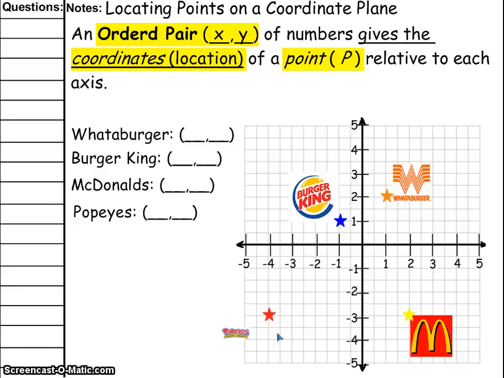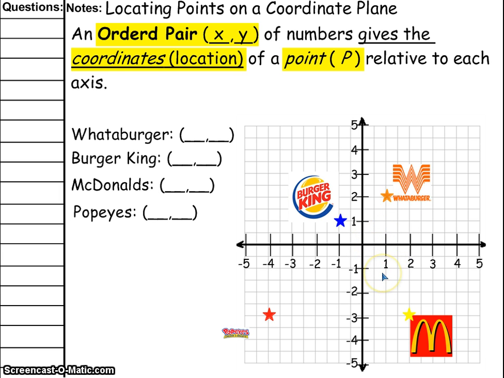To locate a point on a coordinate plane, we're going to use an ordered pair, which is the x and y of the numbers, and it gives us the coordinates or location of a point relative to each axis. So here in this case, we have Whataburger, and I want to locate that. I'm going to go along my x coordinate first, and it's located at the x coordinate 1.